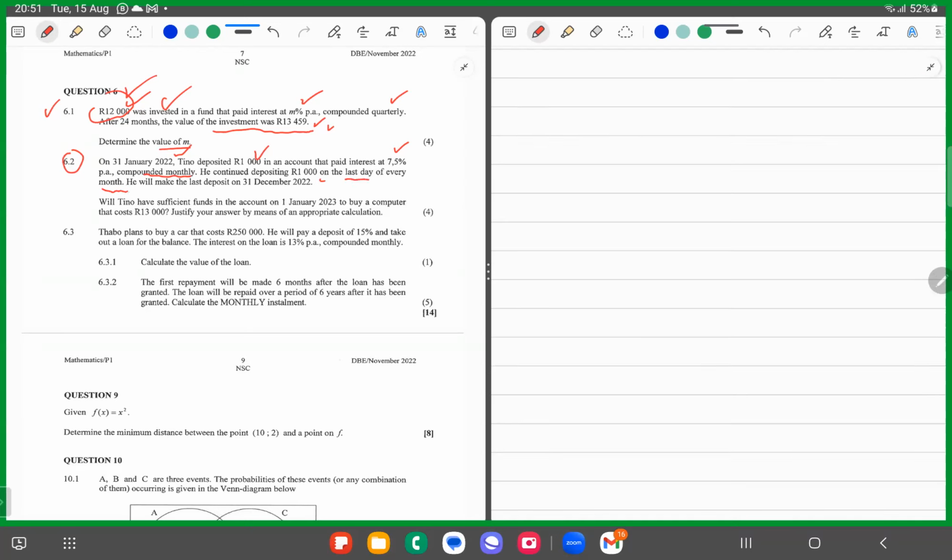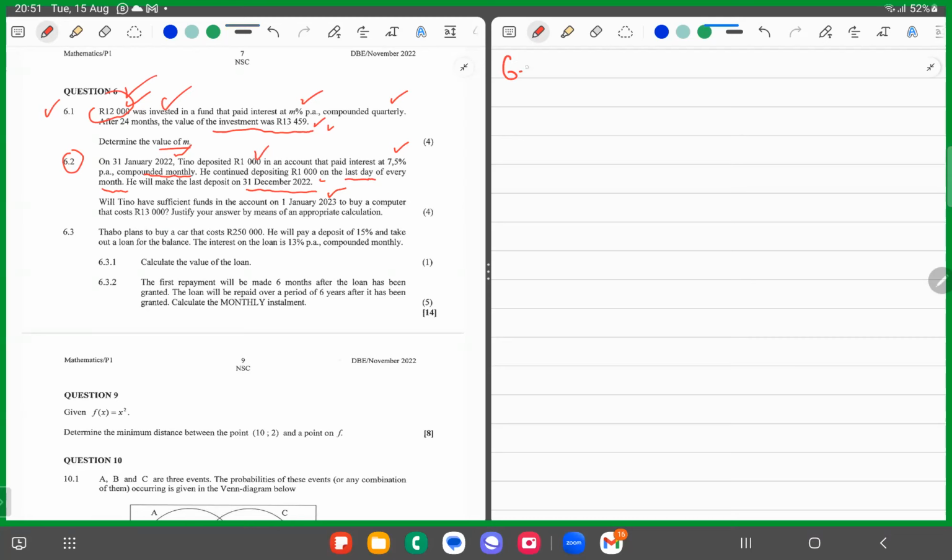He will make the last deposit on 31 December 2022, the last day of December. Will Tino have sufficient funds in the account on 1 January 2023 to buy a computer that costs 13,000? Justify your answer by means of an appropriate calculation.